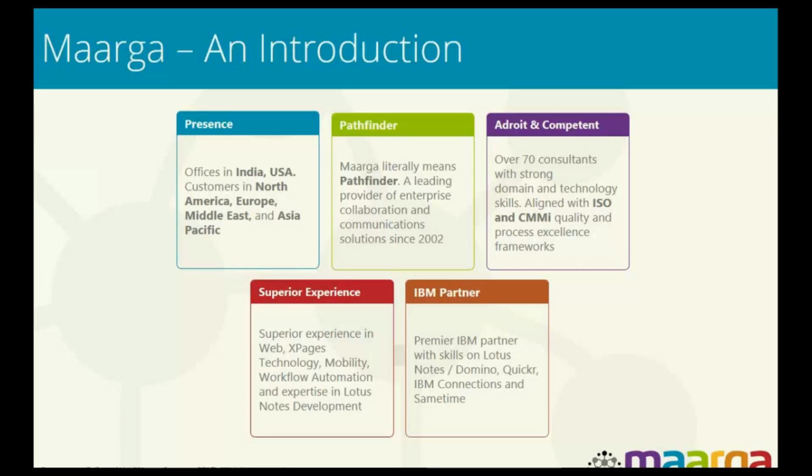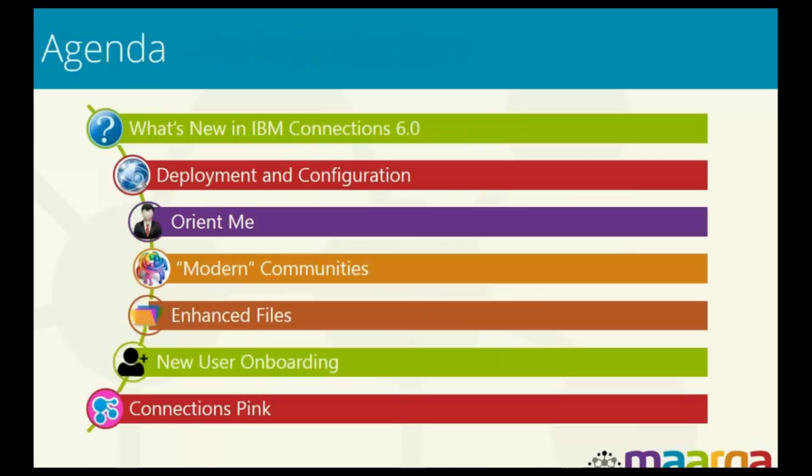We are experts in web technologies, XPages, mobility, workflow automation, and Lotus Notes application development support. We also have a digital practice, and with mobility, we have hands-on expertise in modernizing Lotus Notes applications. We are also premium IBM business partners.